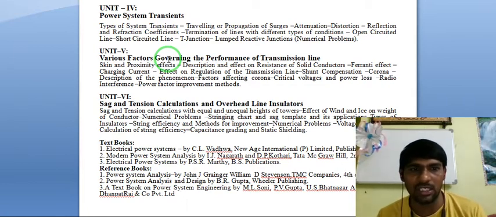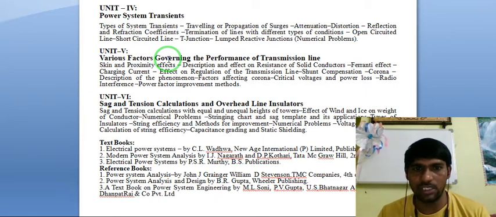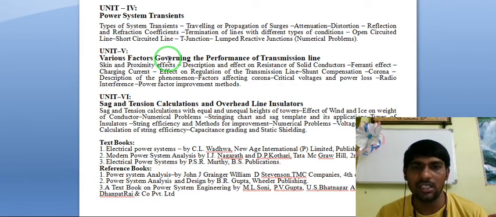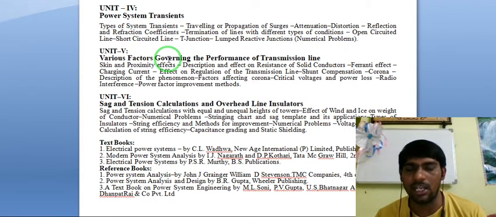All these come under unit number 5. In this unit we need to calculate the factors affecting corona, and calculation of corona also. These come under unit number 5, various factors governing the performance of the transmission line.